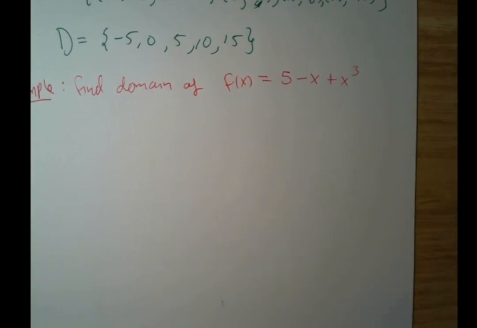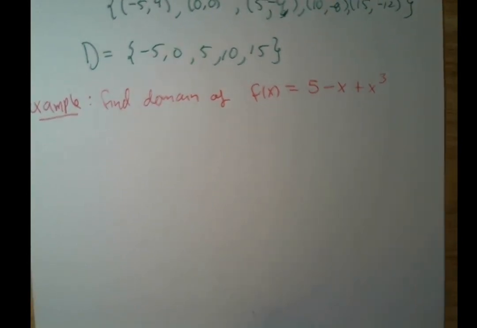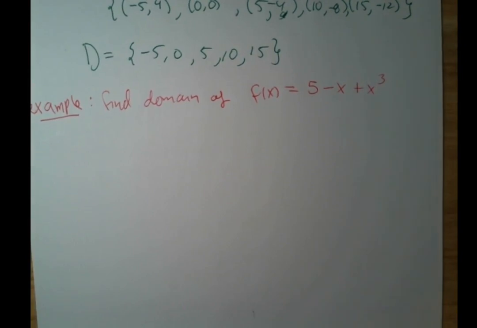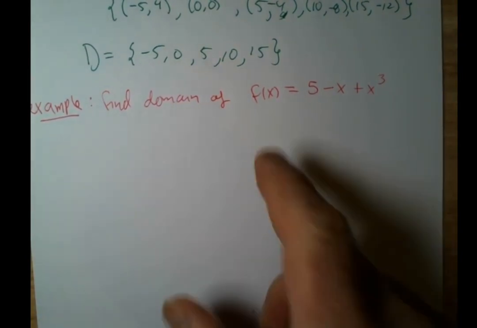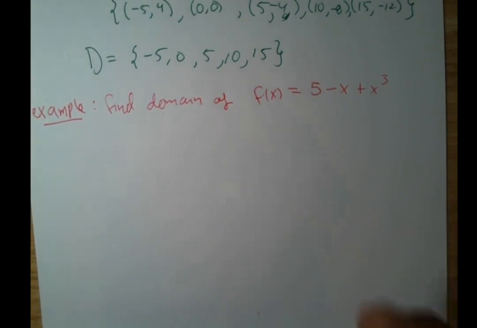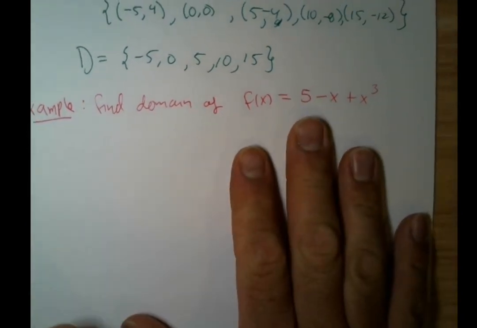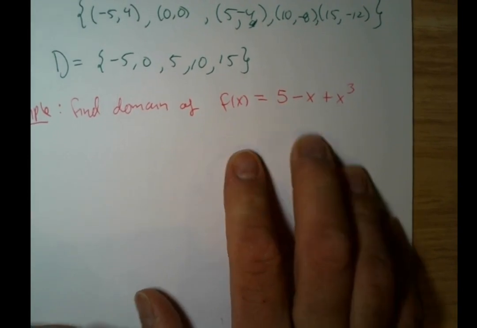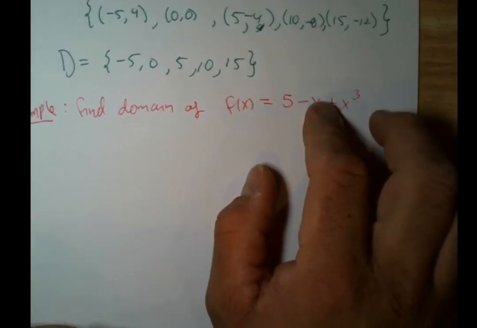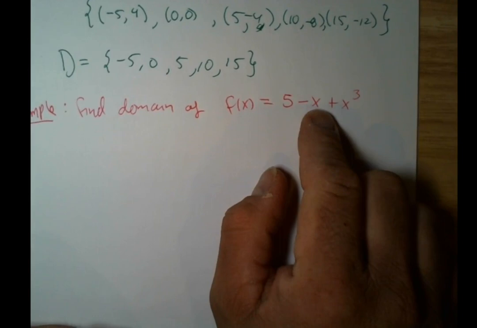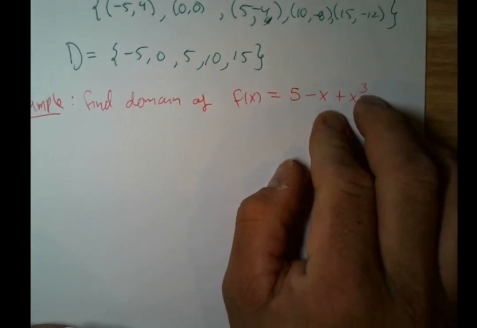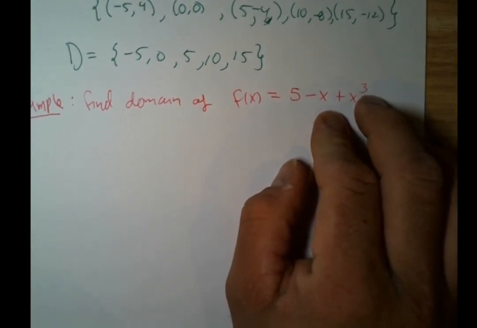Now, whenever we have a function, remember, it essentially represents possibly an infinite number of input values. If we want to find the domain, the one question I want to ask myself is: are there any restricted values? Are there any values that I plug in for x that are going to give me something that is undefined?